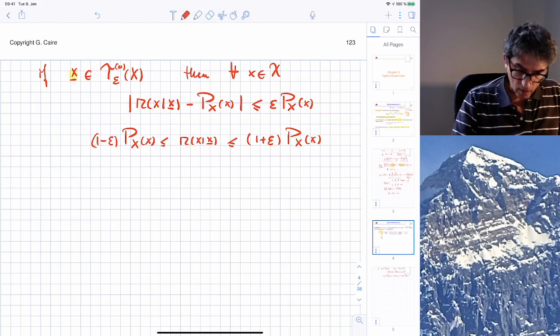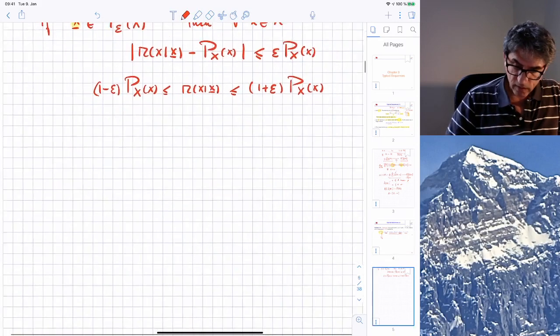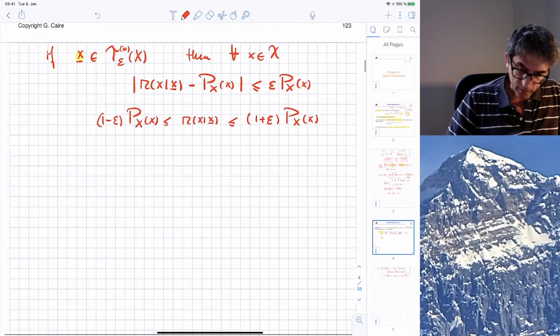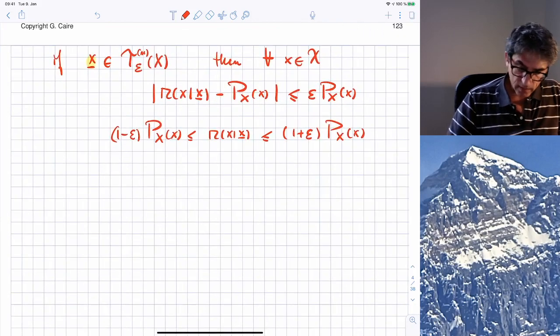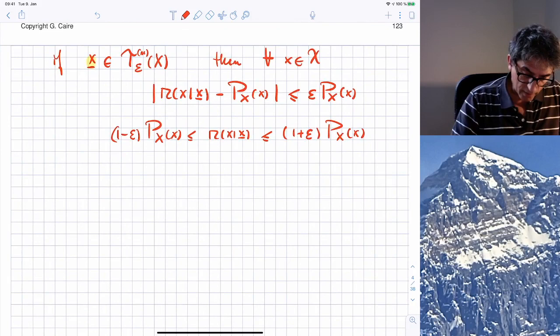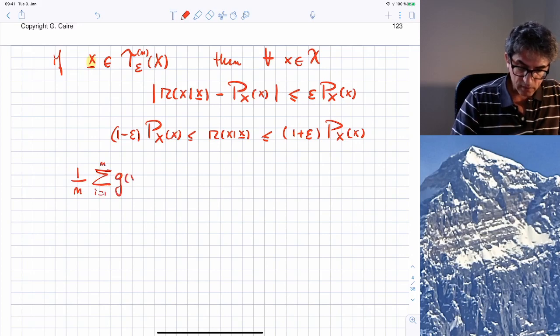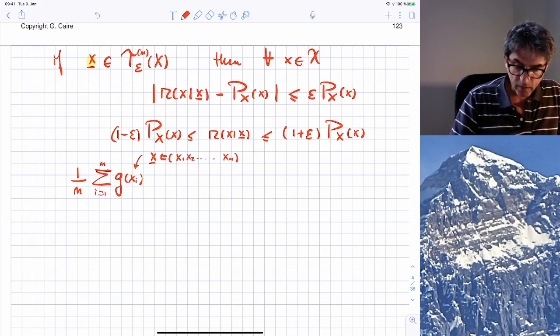Now I will simply write down the expectation. The empirical mean, I write it as 1 over n sum over i of g of x_i. These x_i are the letters of the sequence x. So the sequence x contains letters x_1, x_2, up to x_n, and here we are simply summing over these values.